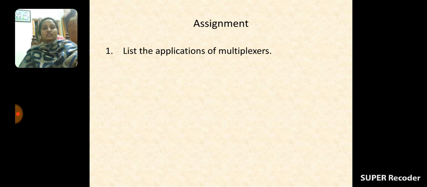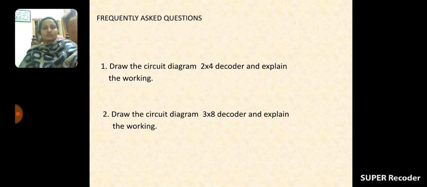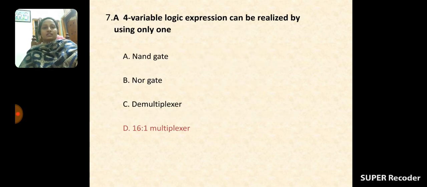Okay, so this is about today's class. Which topics were discussed in today's class? Only 3 topics were discussed. All these are combinational logic circuits, meaning the output depends only on the present inputs, not on the previous input. With this, our combinational logic circuits are mostly over, except encoder.